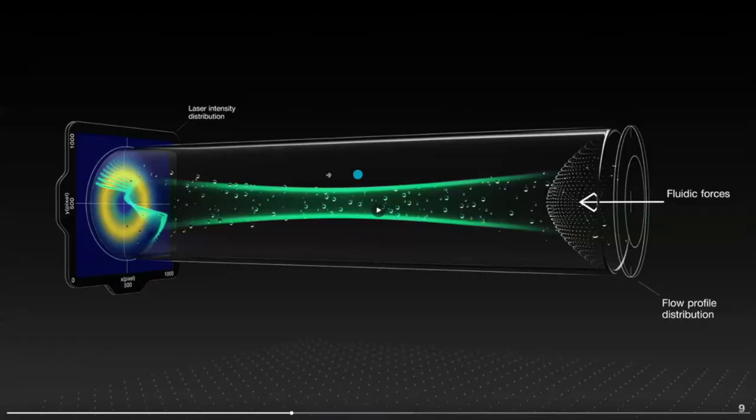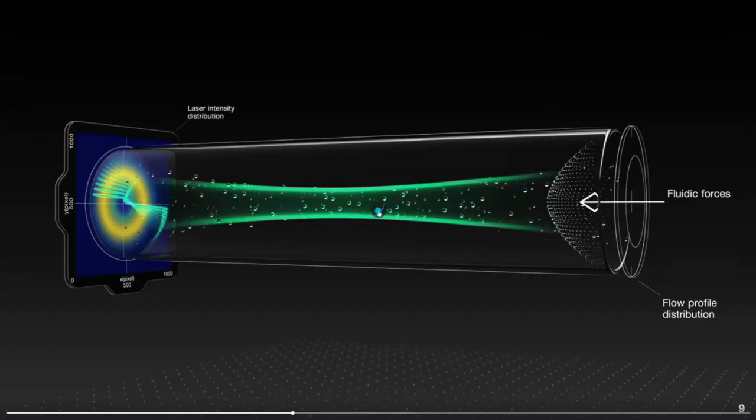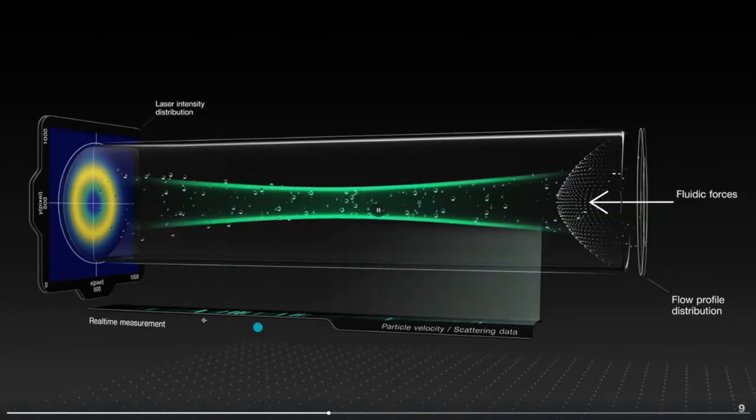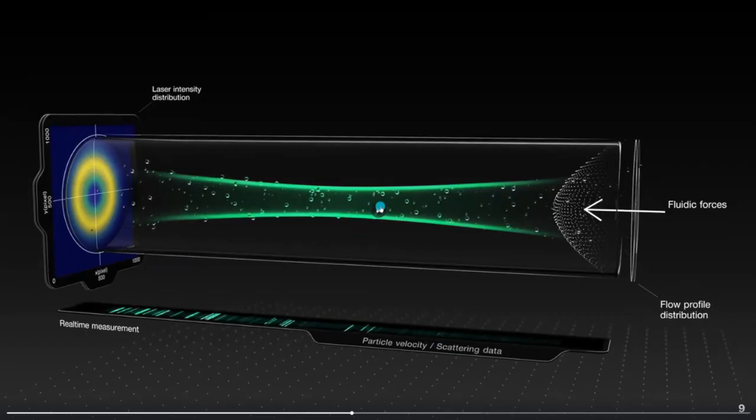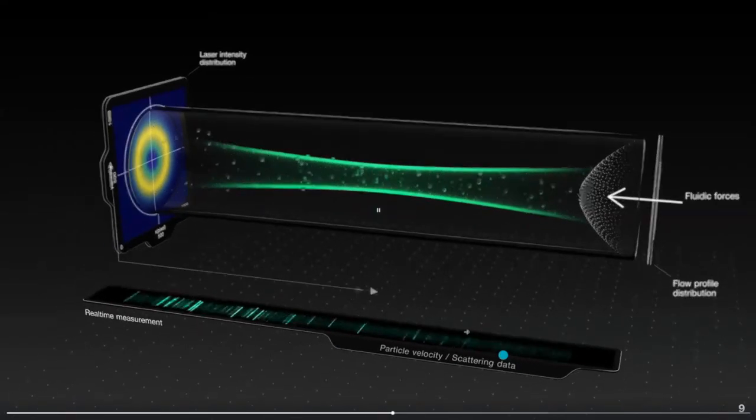And because of this, they also start to scatter. So the nice thing is that because they scatter, we can observe them when they flow through. So each stripe is located on this surface, is trapped on here, and we can now observe particle velocities and scattering data.